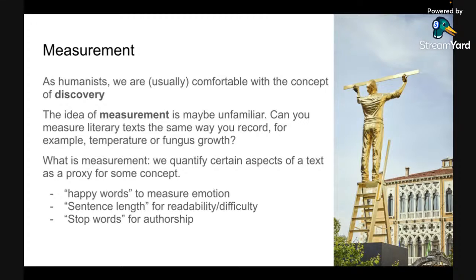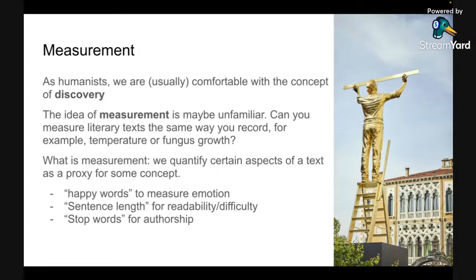So, for example, what I mean with measurement in this context is that we want to quantify a certain aspect of a text as a proxy for some concept. To give you a simple example, if you want to measure if a text is positive or negative, you could measure, does this text contain happy or unhappy words? Another popular example is sentence length.